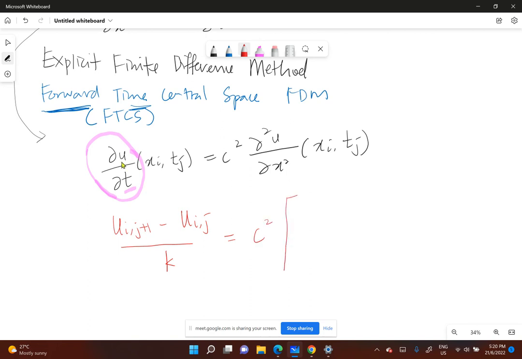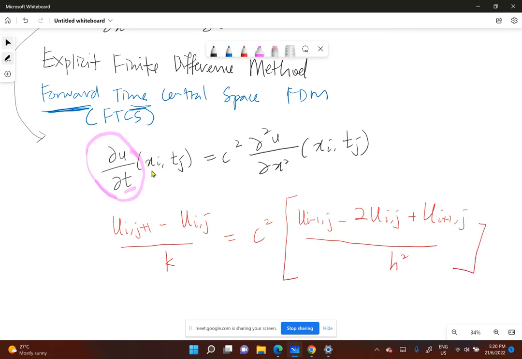Equal to c square. So this one is second partial derivative of u respect to x. So ini akan jadi, kita akan guna 3 point central second derivative tu. So that means this one ui minus 1 j minus 2 uij plus ui plus 1 j divide by h square.